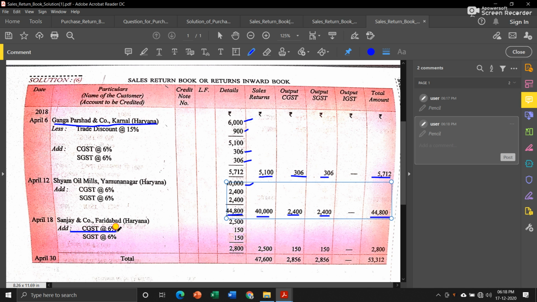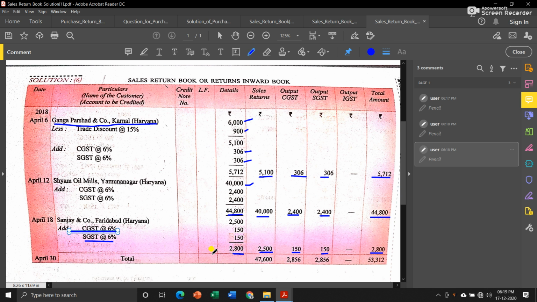Then we will add CGST and SGST at 6%, so 150 each, and altogether we get 2500 in the sales return column, 150 in output CGST, 150 in output SGST, and altogether 2800 in the total amount column.